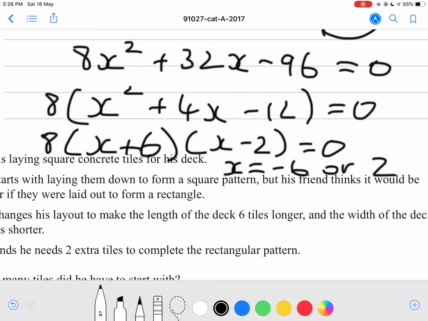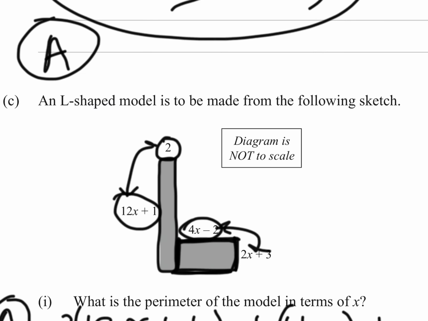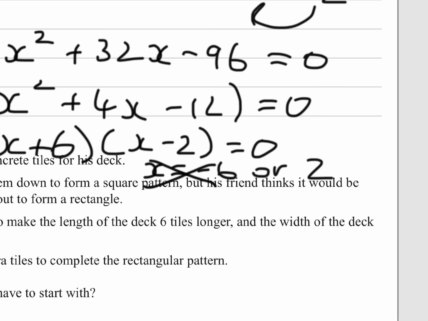Okay, so one thing you have to keep in mind here is that it's actually impossible to have a negative length, okay? Because it's impossible to have a negative length, that means it's impossible for x to be negative 6. Because if x is equal to negative 6, then remember back in this L-shaped diagram, we'll have a negative length, okay? And it's impossible in real life to have a negative length, so therefore x equals negative 6 is not a real solution, okay?